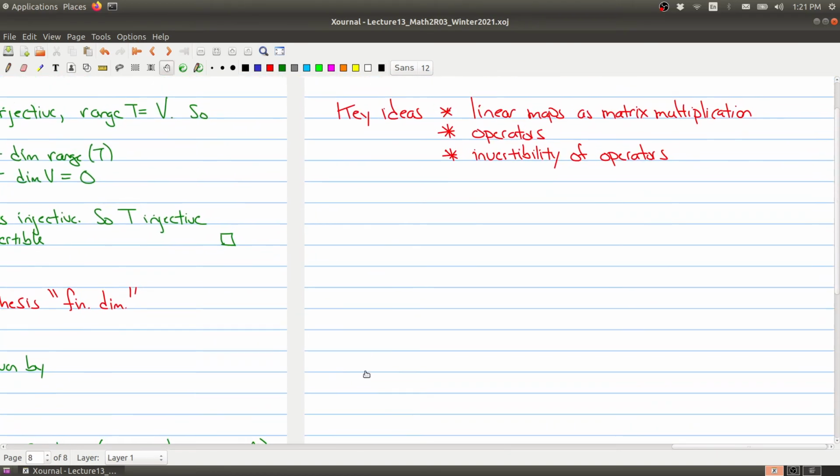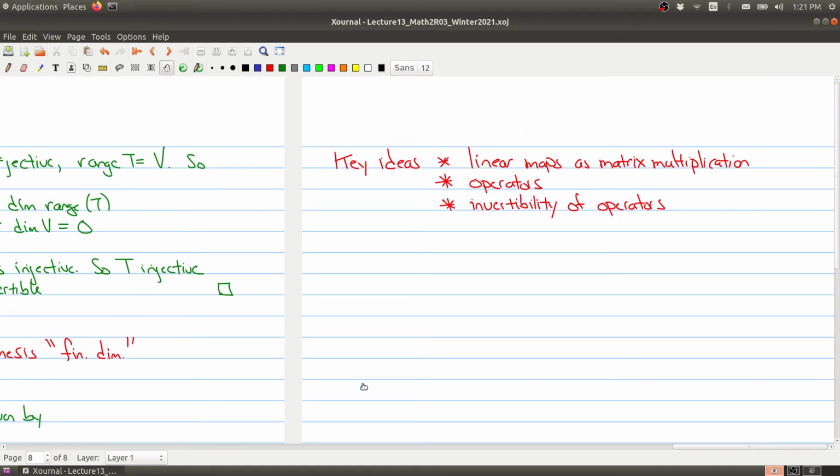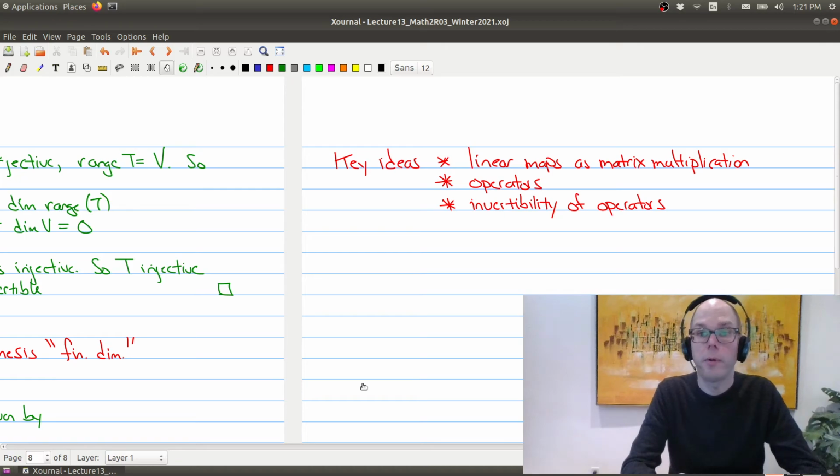To wrap up lecture 13 and the end of chapter 3, there are a bunch of important ideas. One important idea for today's lecture is that we can think of linear maps as matrix multiplication. We can take vectors, turn them into matrices, take our linear maps, turn them into matrices, and think of linear maps in terms of matrix multiplication.